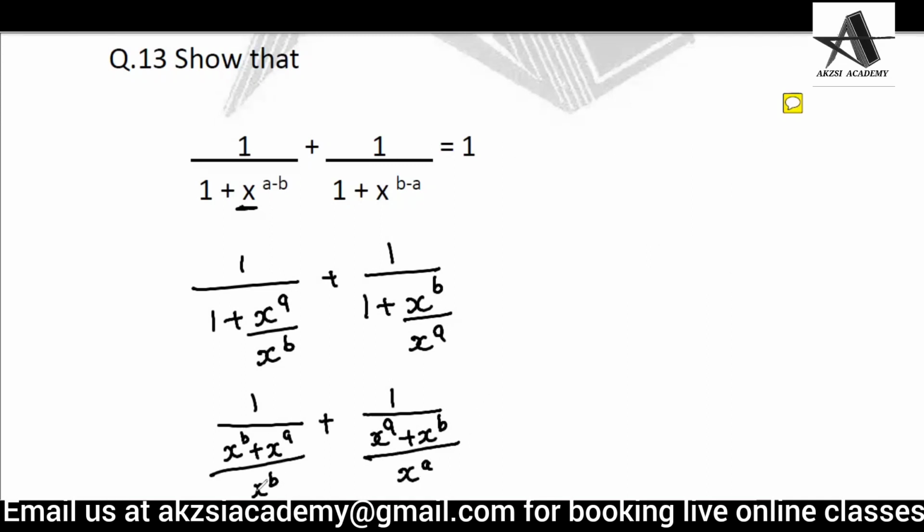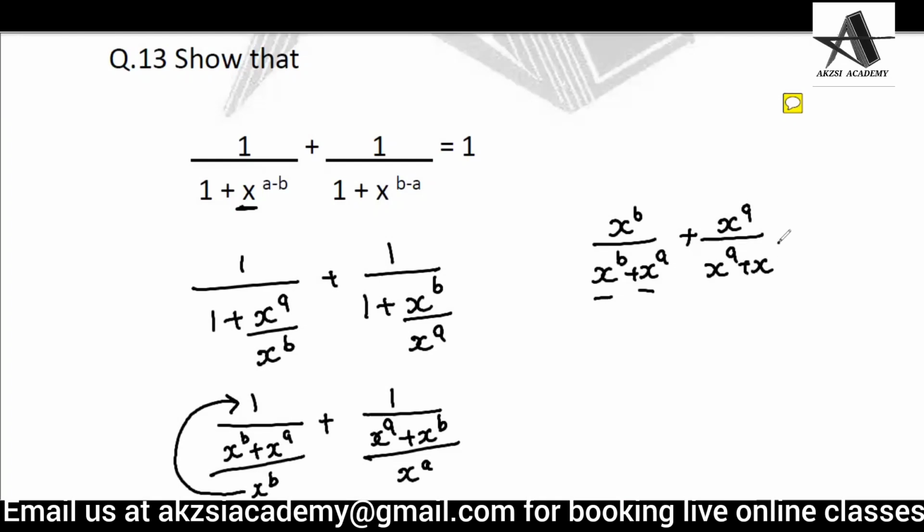Now we need to flip it. If 1 is divided by a fraction, it will go up there. If you're a little confused, I have already made a video on algebraic expressions, solving fractional expressions. You can refer to that. So this will become x to the power of b over x to the power of b plus x to the power of a, plus x to the power of a over x to the power of a plus x to the power of b.